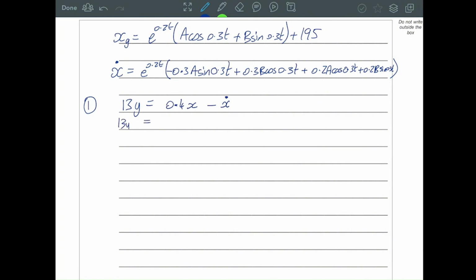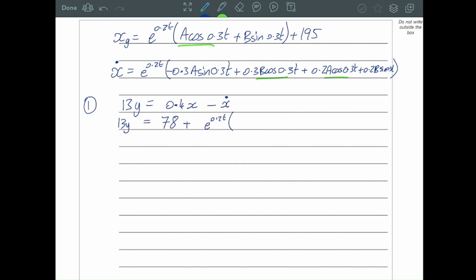So 13y is equal to, and I'm going to put the number at the front just because that's easy to deal with, plus e to the 0.2t. And now to try and deal with all the coses and sines. I almost feel like I want to factor it all in immediately. So I have 0.4 lots of that, and I'm subtracting for the cos term those two.